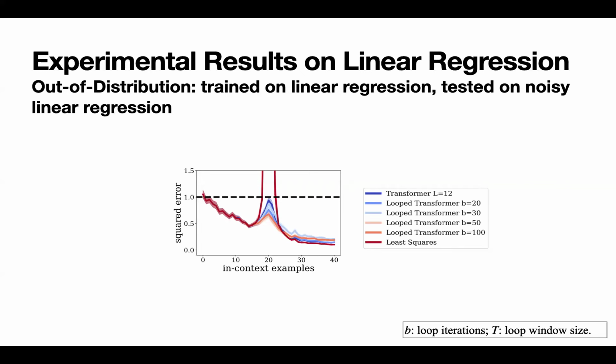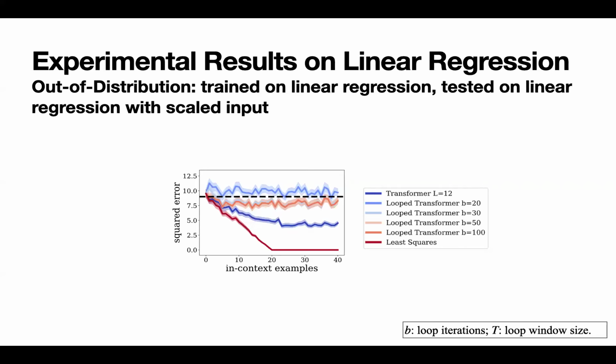Okay, so there's another out of distribution setting, to see what happens if we scale the input during inference. Just to remind you, during training, we have X sampled from a standard Gaussian.